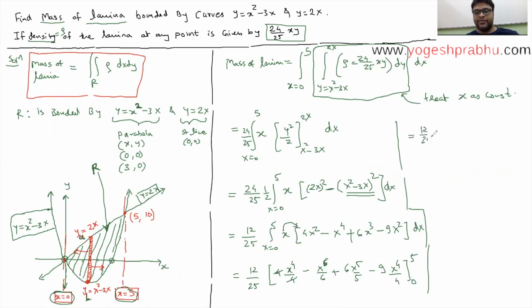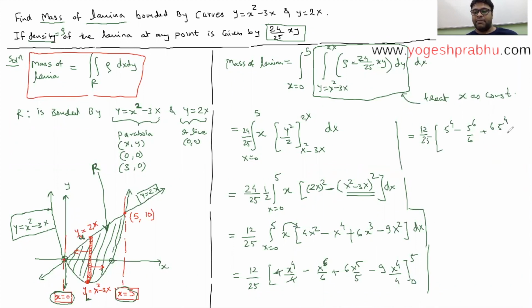This is 12 by 25, and then upper limit is 5. So it is 5 raised to 4 by, the 4 will cancel out. So it is 5 raised to 4 minus 5 raised to 6 by 6. Oh, I should have taken that x raised to 4 out. But anyways, 5 raised to 6 by 6 plus 6, 5 raised to 4, right? 5 raised to 5 by 5, 1 cancel out.